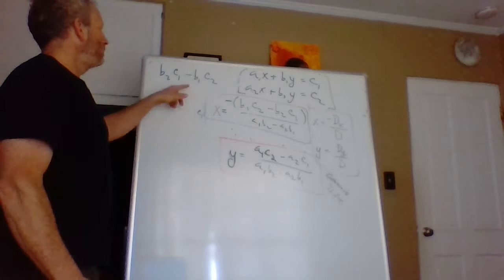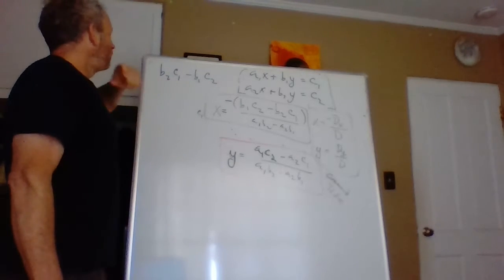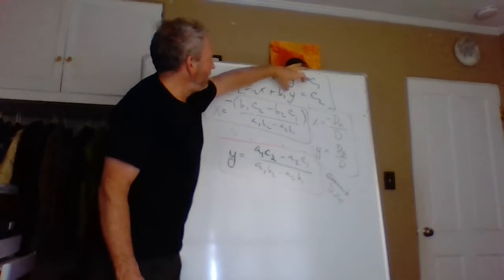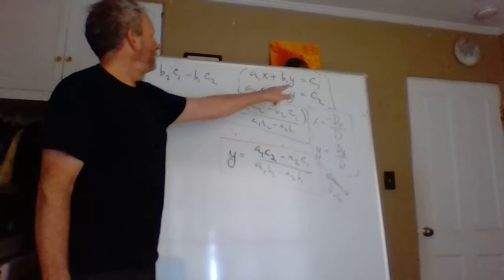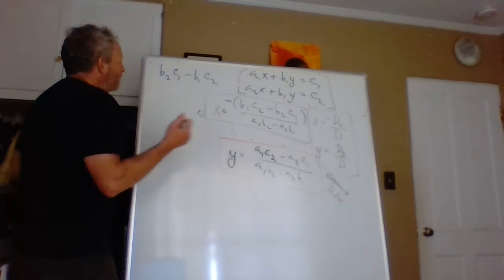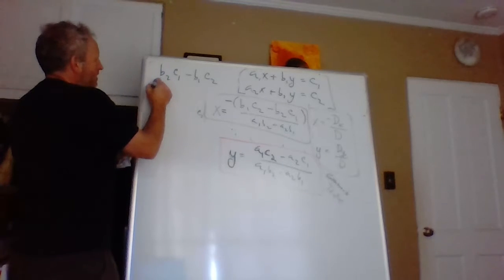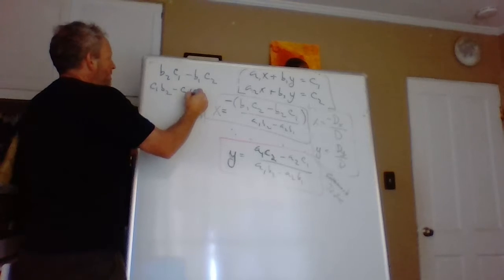B sub 2, C sub 1 minus this. What does that look like over here? It looks like this minus this. But I could write this like this. C sub 1, B sub 2 minus C sub 2, B sub 1.